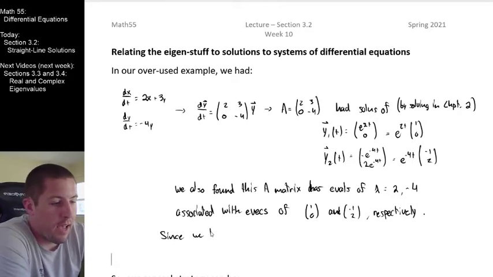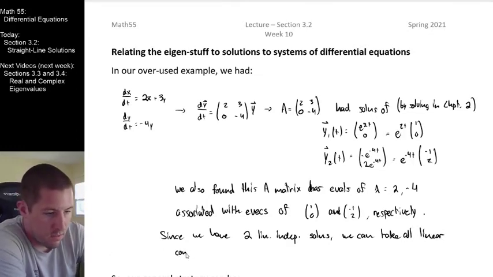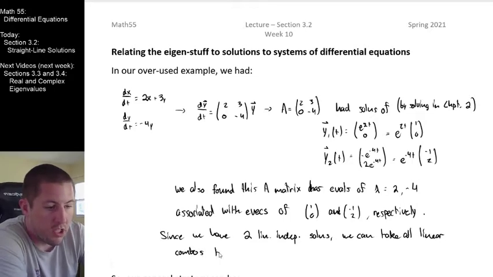Since we have 2 linearly independent solutions, we can take all linear combinations to get the general solution.